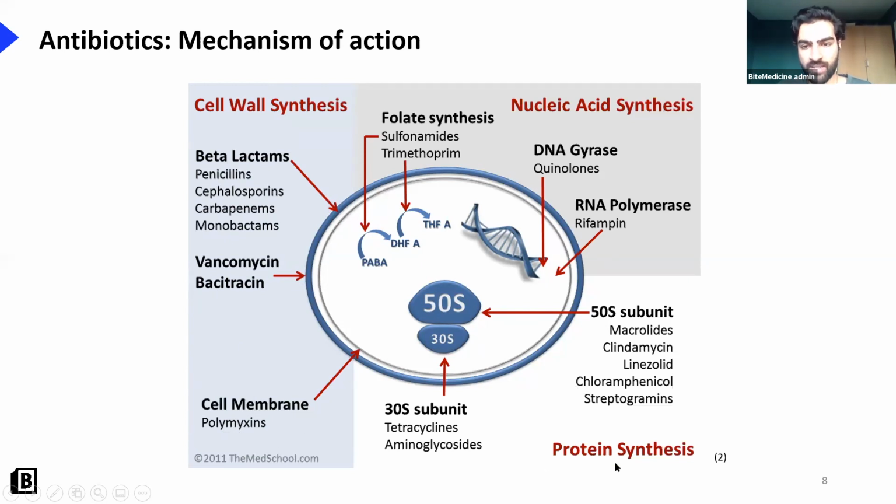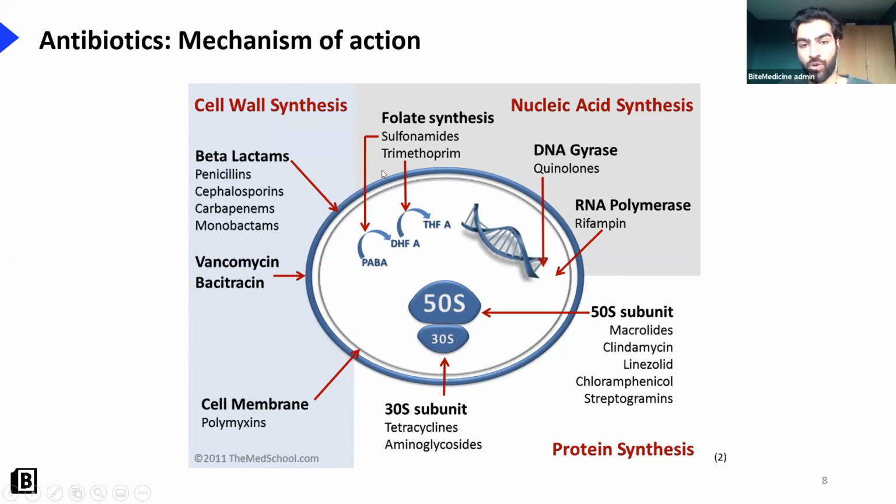In terms of protein synthesis, we can either block the 30S or the 50S ribosomal subunit. The 50S subunit is blocked by macrolides like erythromycin, clindamycin, linezolid, and various other antibiotics. The 30S subunit is blocked by tetracyclines and aminoglycosides. And then finally, you've got those antibiotics which block nucleic acid synthesis.